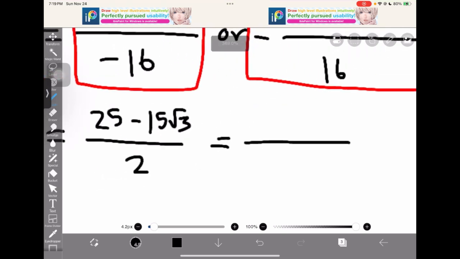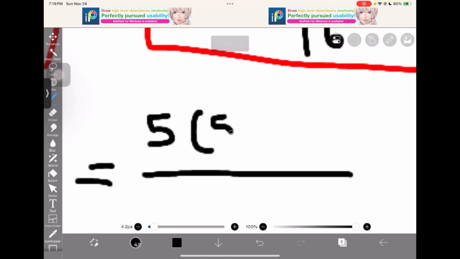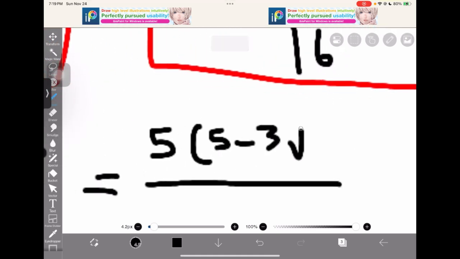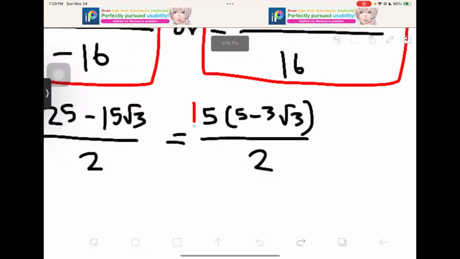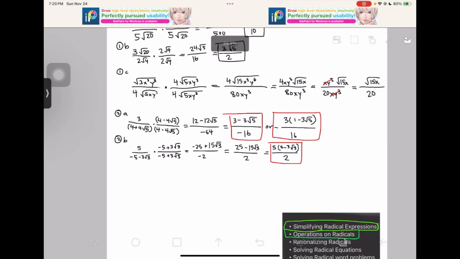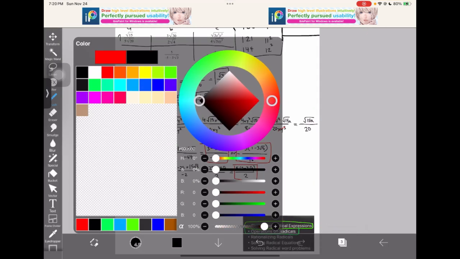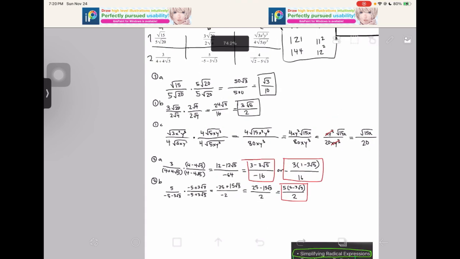Then we factor: 5 times 5 minus 3 square root of 3, over 2. And there we go. That was a pretty tricky one even for me, but that is the correct answer. I'm really sorry, this topic is really just very confusing.